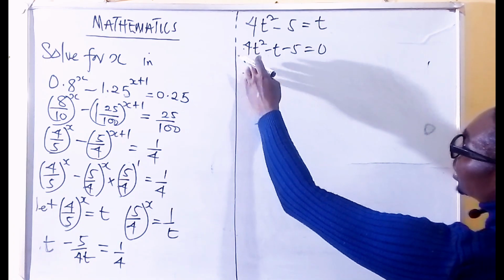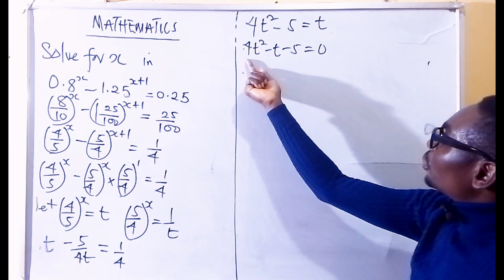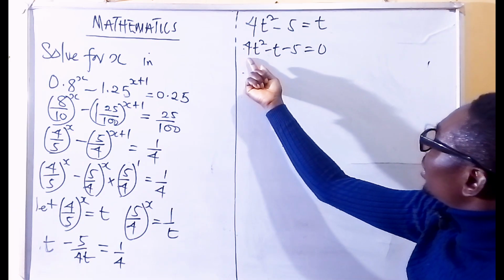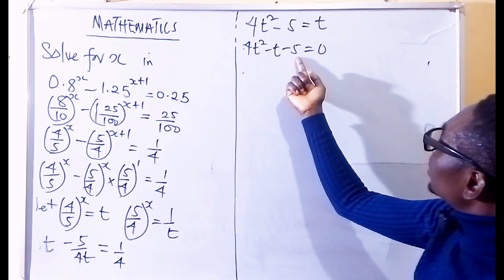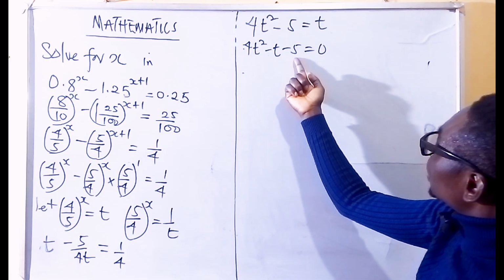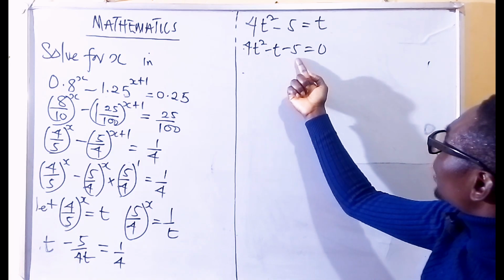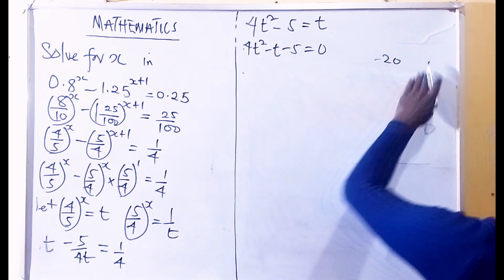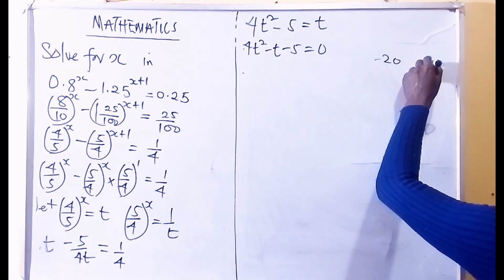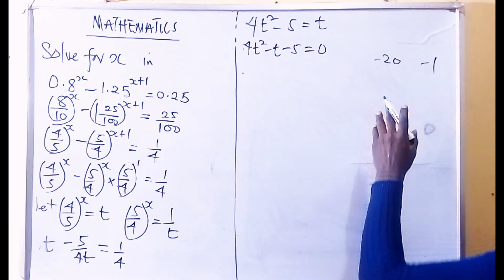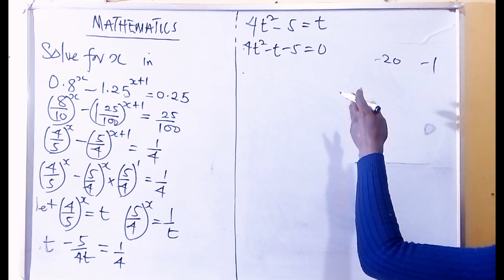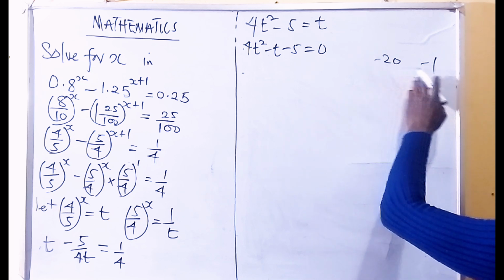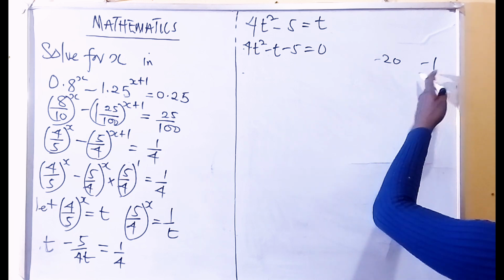To factorize this, we multiply the coefficient of t squared by the last term of this expression, which is the constant. So 4 times minus 5 is minus 20. Then we have the middle term, which is the coefficient of t, which is minus 1. So we are looking for two factors such that when you multiply, they give you minus 20, and when you add them, they give you minus 1.